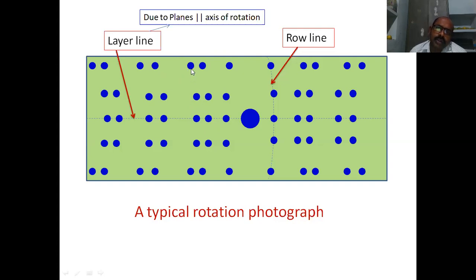The lines far away from the layer line correspond to planes whose interplanar spacing is smaller. So just like that, it is the photograph after developing. This layer line is because of the reflections of planes which are parallel to the axis of rotation or perpendicular to the incident X-ray.